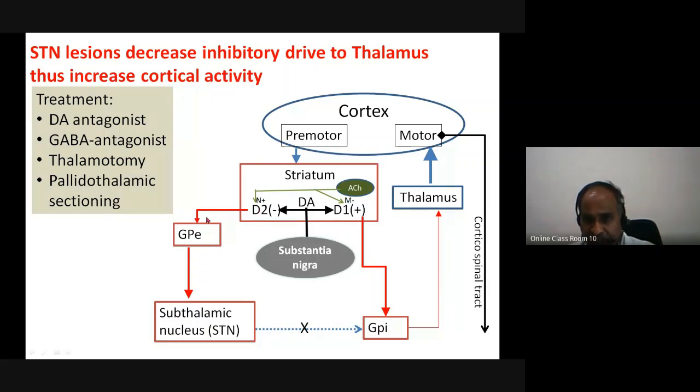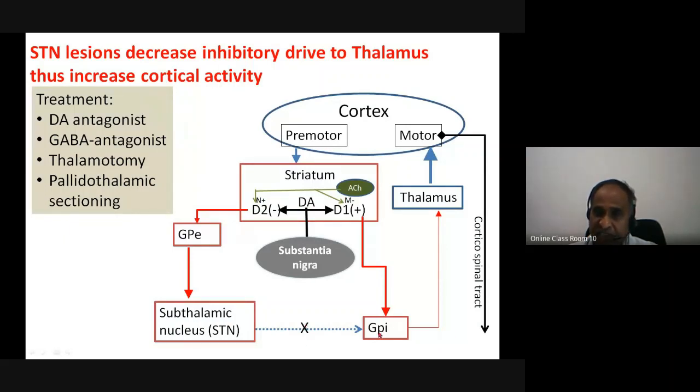This is the indirect circuit, from GPe to the subthalamic nucleus, from the subthalamic nucleus to GPi, and GPi gives output to the thalamus. Now, subthalamic to GPi is an excitatory glutamatergic pathway. So this is not there.